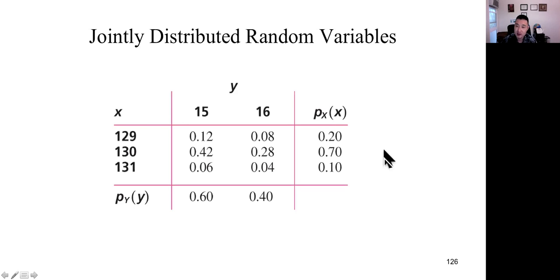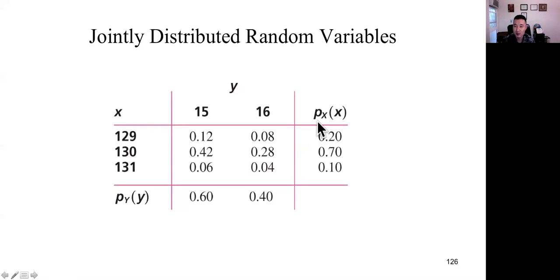You could also notice we have something here in the last column like Pxx, and in the last row which is Pyy. Those two are called marginal probability mass functions, which means we add all the possible values of X or Y together.